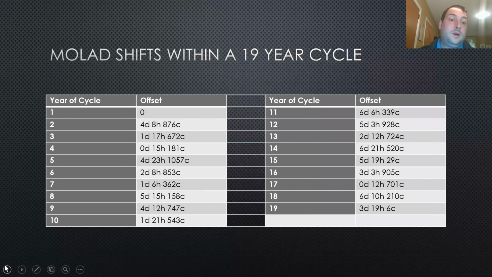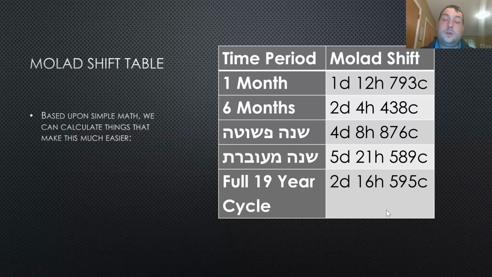Scott, I'm not seeing the charts. Are you? You're not seeing the chart at all? No. Danielle, are you seeing the chart? Is anyone else seeing the chart? Yes, I can see it. I see it too.